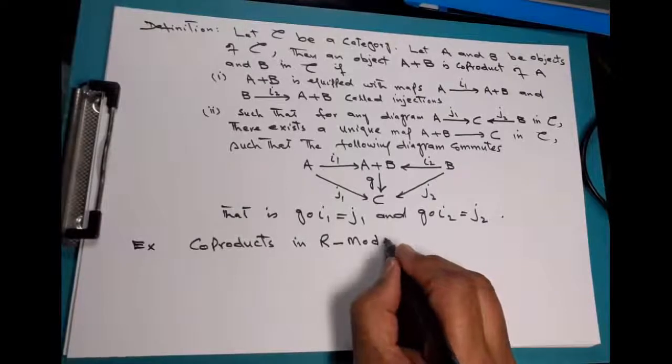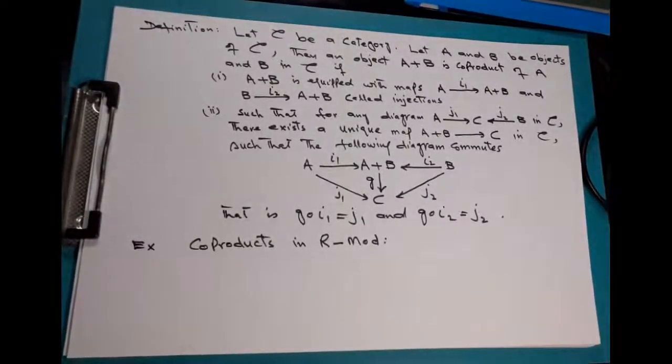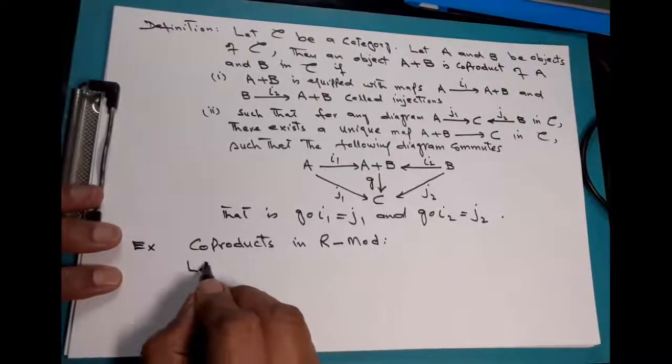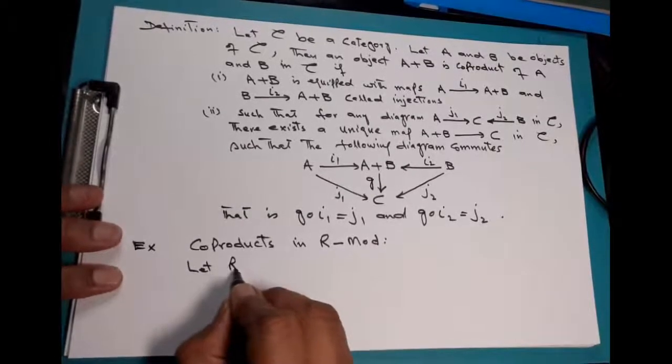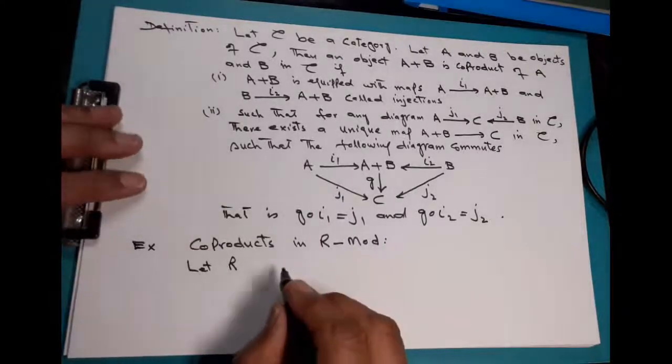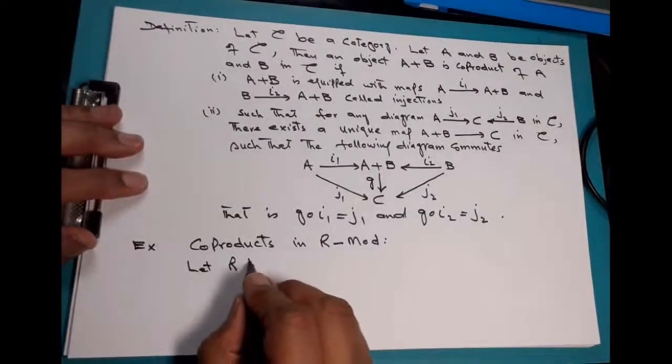So let's see this construction. Let R be a ring with identity, because whenever we talk about R modules, the ring R is always a ring with identity. Identity means multiplicative identity.